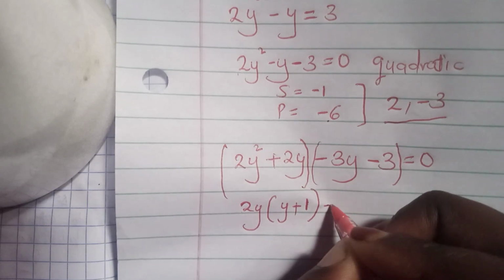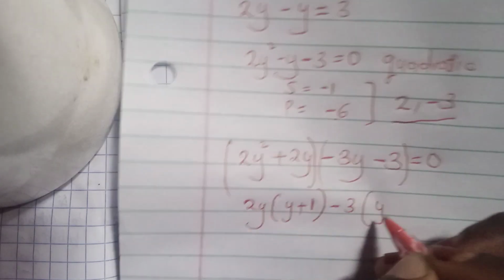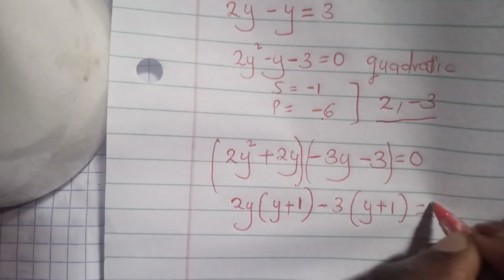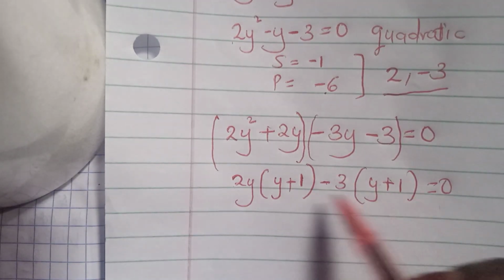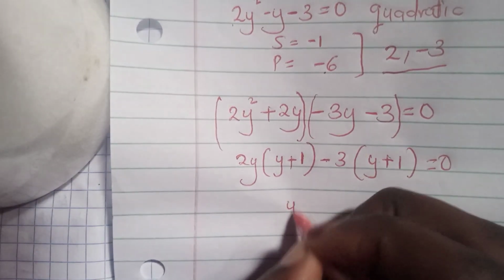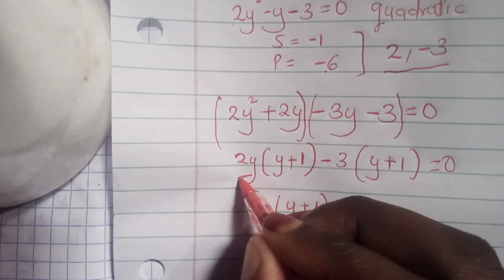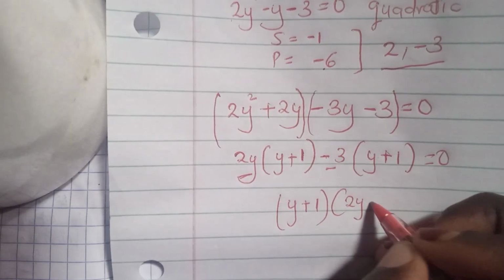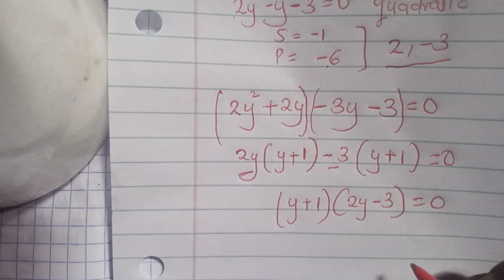And for this case, our common factor here is -3. So this will give us y plus 1. So y plus 1 is common. We are going to pick 1, y plus 1. Then pick what is left outside the bracket, 2y and -3. So 2y and -3 is equal to 0.